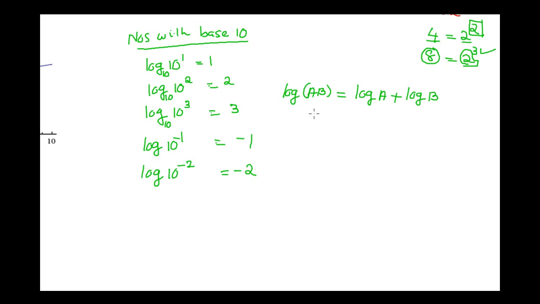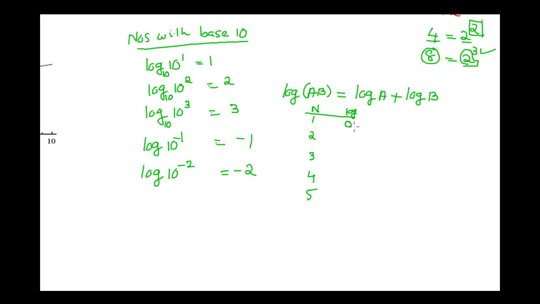Now let's calculate different logarithm values of different numbers. For example, let's start with the numbers 1, 2, 3, 4, 5, etc. Now logarithm of 1 is always 0. This is the number, and this is the logarithm.